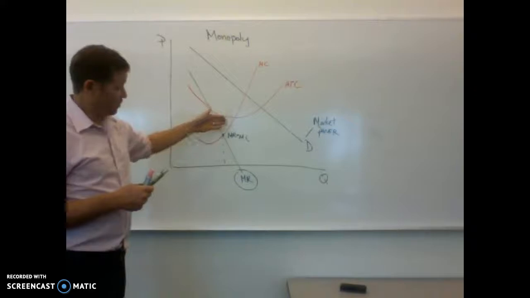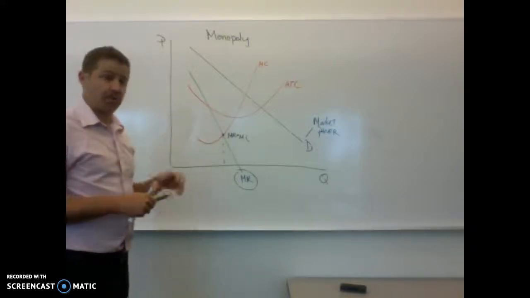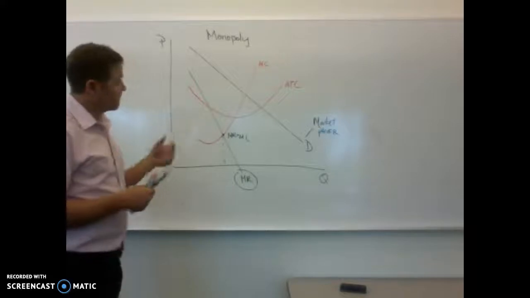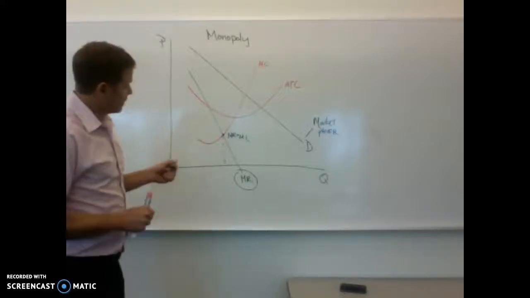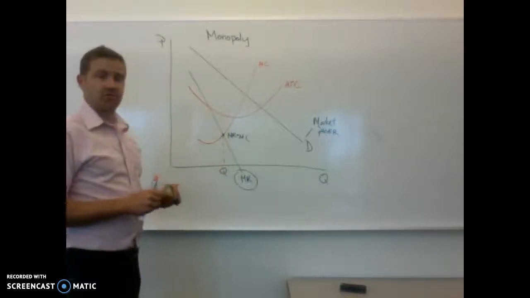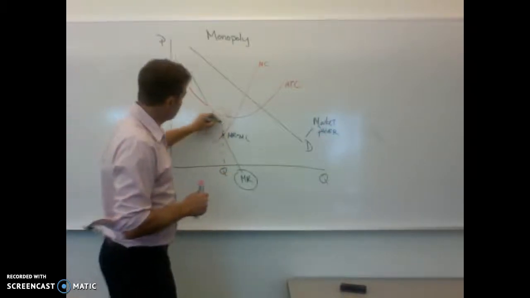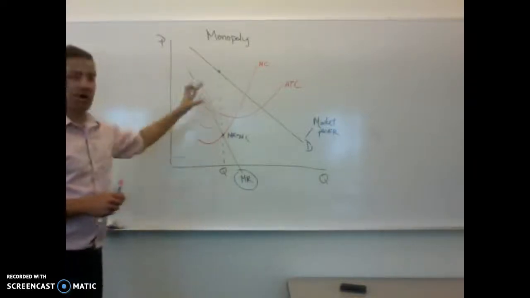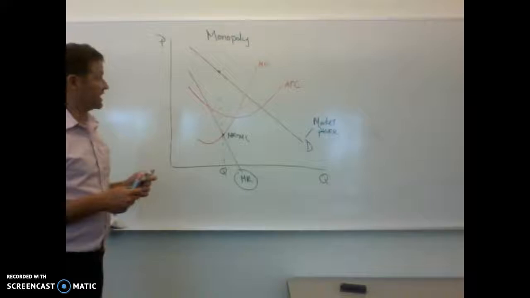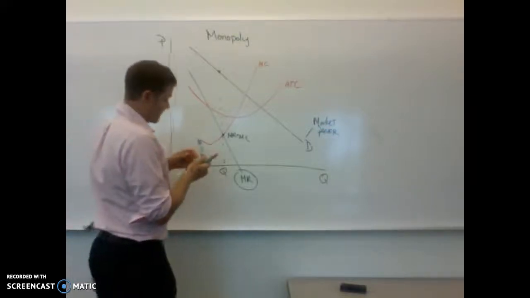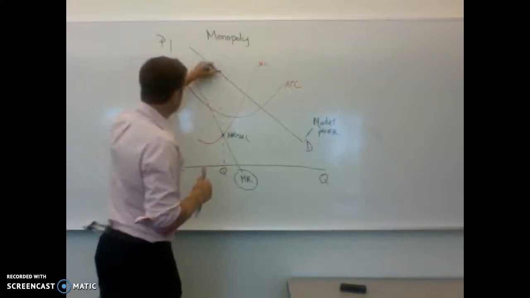Because you don't want to produce where the marginal cost of that next unit is above the marginal revenue, that means you're going to be losing money on that unit. But the monopolist is different. They get to produce the quantity where marginal revenue equals marginal cost, but they get to charge at that quantity where their demand curve is taking them. Okay? So in this case, let's say that price is up here.